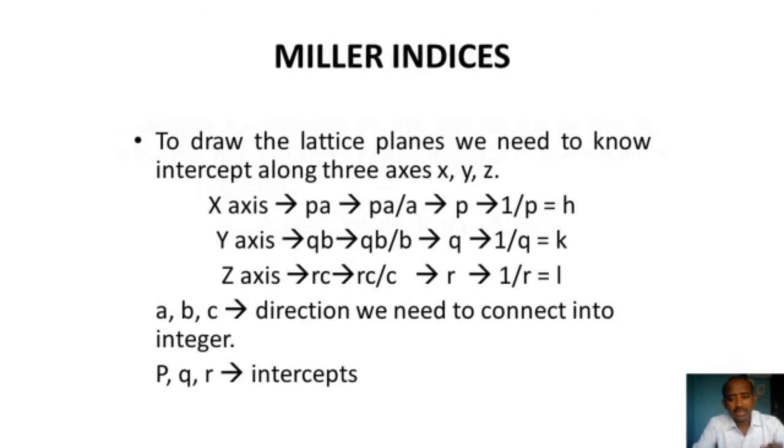So we need to connect it to an integer. If we repeat the same thing along the same direction, the distance between the two points will never change. It is a. Suppose you take the distance between four points, it is a plus a plus a, which is 3a. Like this we have to consider p, q, r as the intercepts.